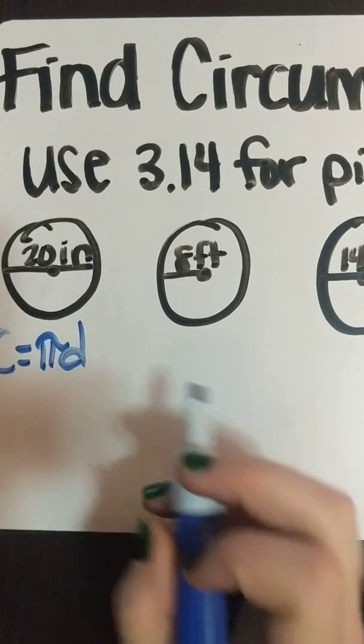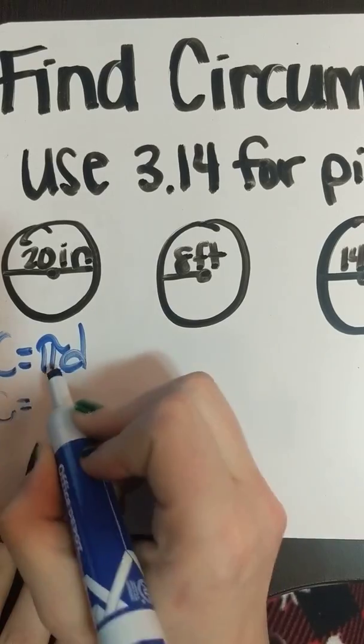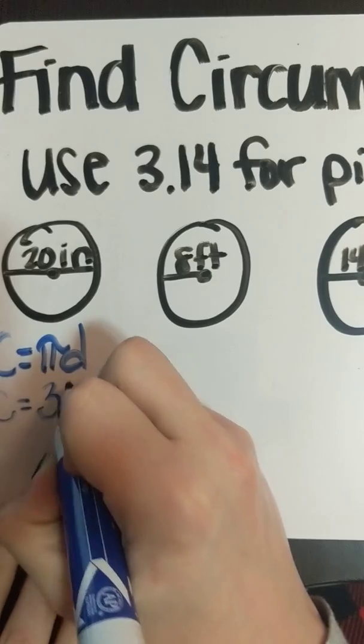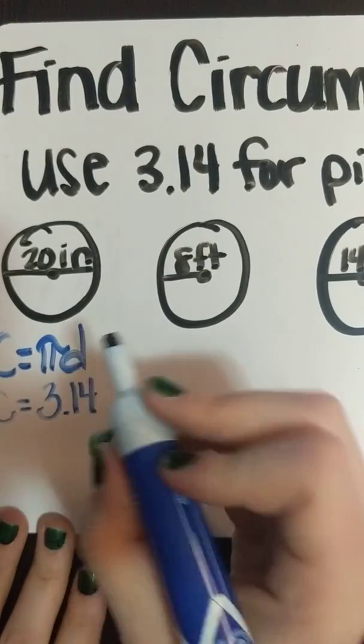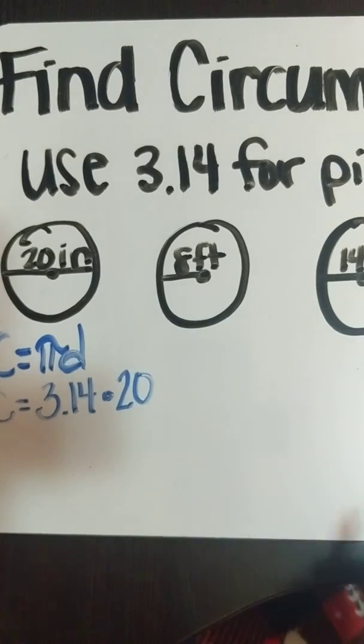So I'm going to fill in the pieces as I write them. Circumference, that is what I'm trying to find. Pi, well, I know that pi is 3.14, times. I know my diameter is 20.